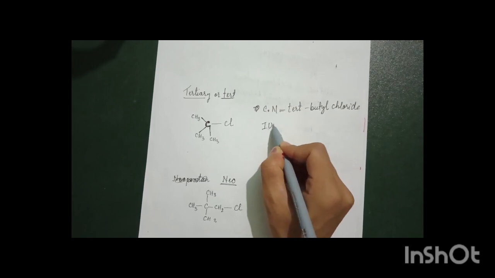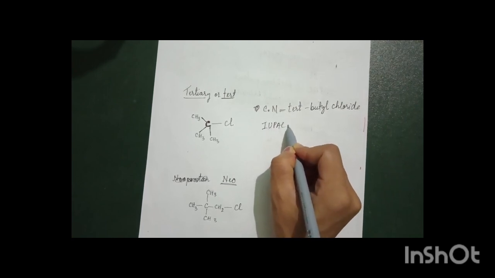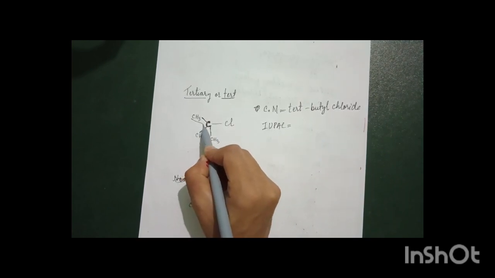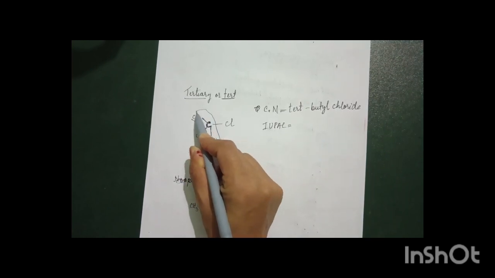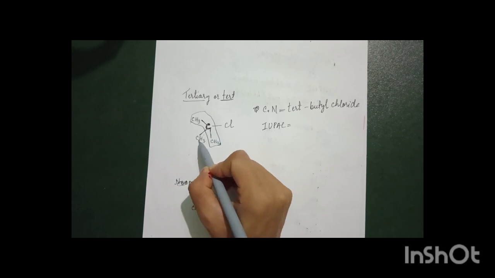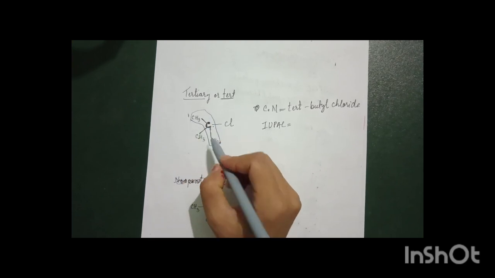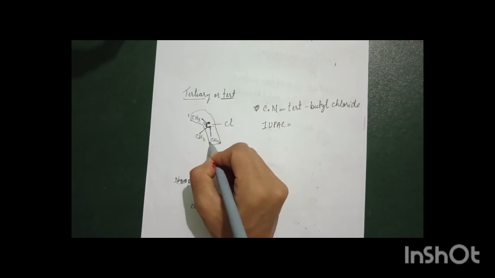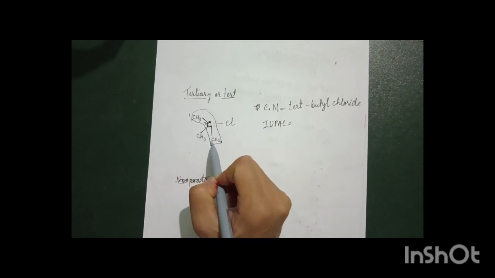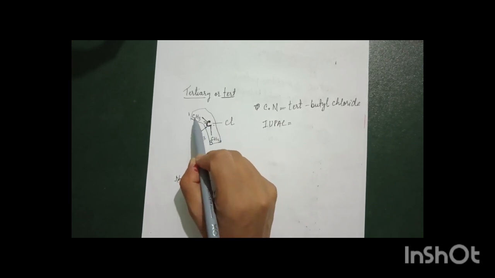Next, let us go to the IUPAC name or IUPAC nomenclature. We have to go for numbering now. So select the longest carbon chain. If I count from here, 1, 2, it will end with 2. But if I count 1, 2, 3, then it goes for numbering 2, 3. So we have a 3 carbon chain, the longest one in this compound.